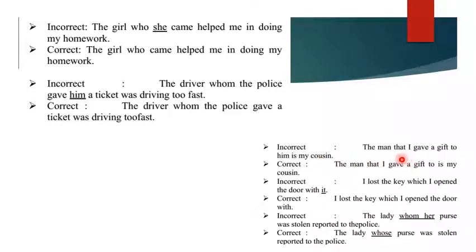Okay. The man that I gave a gift to him, so I don't need again him here. أعطيته. Okay, I gave a gift to him. أعطيته. So again, literal translation of the attached pronoun.